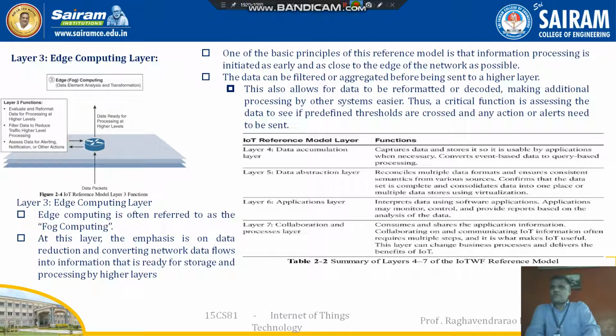It is going to be more useful then. So this layer can change the business process and drivers based on the benefits of IoT. Because data is collected, everybody is collaborating, and everywhere the data is needed.